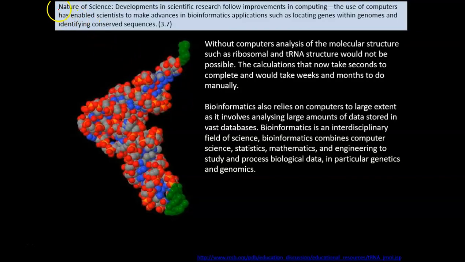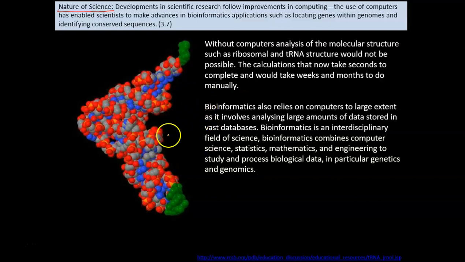Yes, nature of science. This is something very important in your IB exam, and I have heard that they are trying to make more questions every year. That was something last year, and most of the students were shocked about the nature of science type of question. So don't be scared, and don't lose that part. What does that mean?